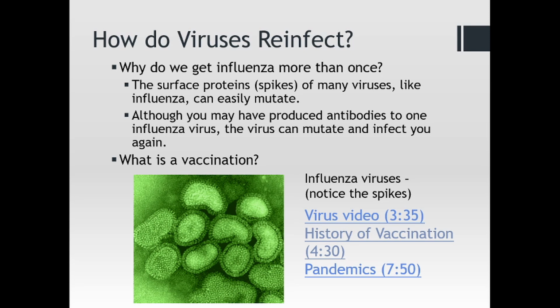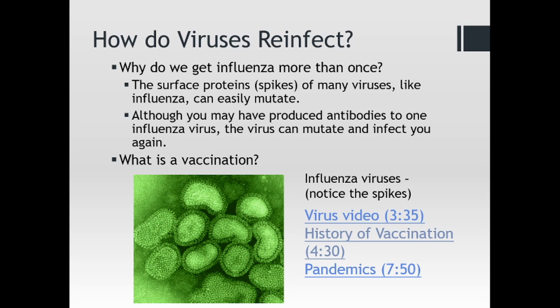So these spikes, these antigens, can mutate easily and rapidly compared to other viruses. So you may have produced antibodies to one influenza virus, but the virus mutates pretty rapidly and easily, and so that can infect you again. So your immune system recognizes that particular spike. Our secondary and our specific immunity is very specific, is what I'm trying to say.